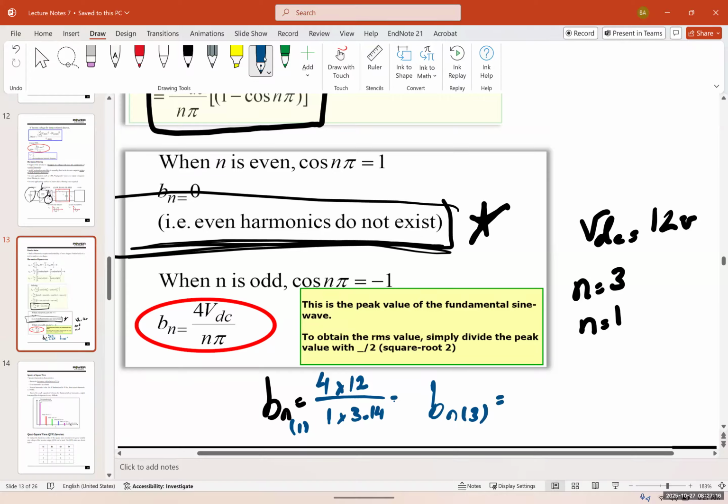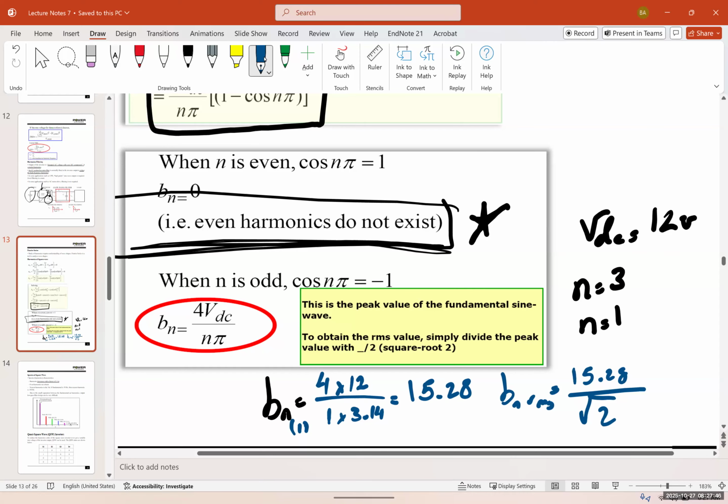So what is it for the fundamental? n is going to be 1, and it's 15.28. And if I want to find the RMS value, it's going to be 15.28 divided by square root of 2.